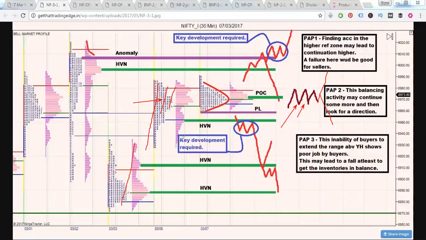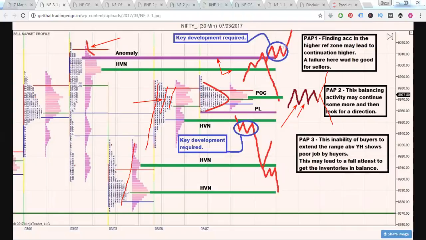If at all the bulls are still in contention, what might happen is they might open the prices higher and move higher to test these two references, 1 and 2. And again, once we reach this area, there are again two possibilities. We have a nice gradient here, so sellers have rejected this particular area.